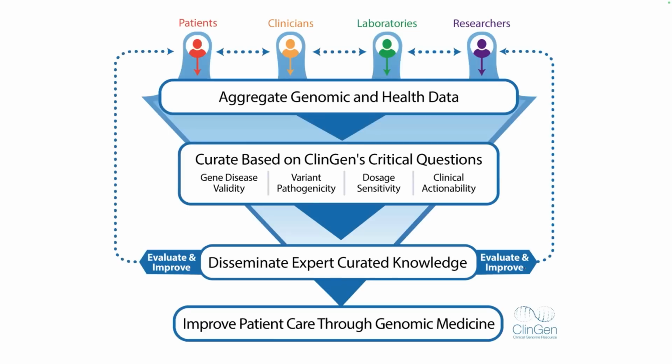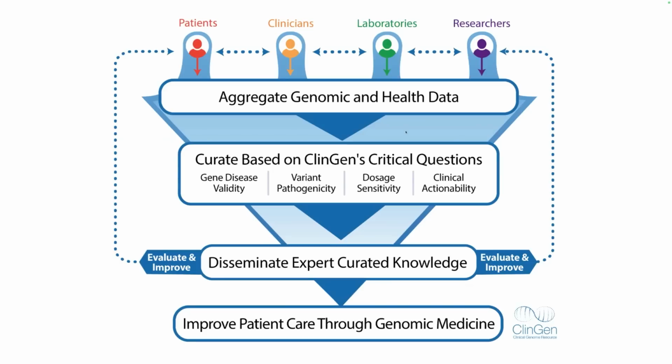We first need to start by aggregating genomic and health data from a variety of different sources: patients, clinicians, laboratories, researchers. Then we take this data and curate it based on ClinGen's critical questions. Is a gene related to disease? Is a variant causing disease, variant pathogenicity? Is a change in an amount of a certain region or gene going to cause disease? And how actionable is a condition if it's found in a screening setting?